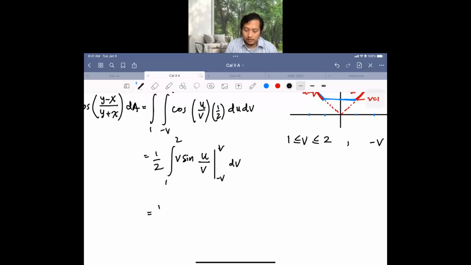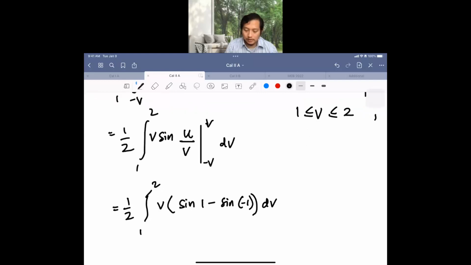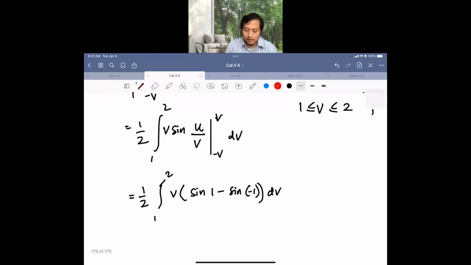So we will have v sine 1 minus sine negative 1, right? So it becomes negative sine 1, so it's plus. Okay, so plus 2 sine 1.